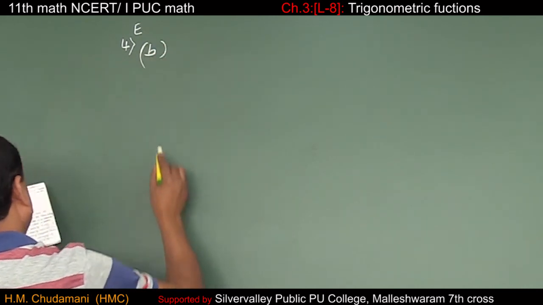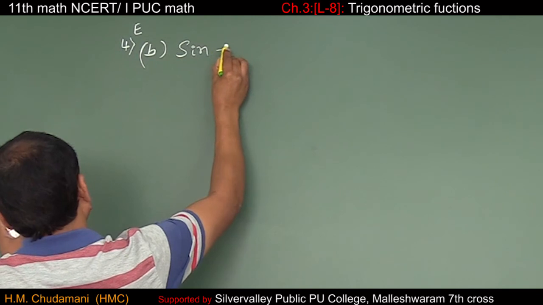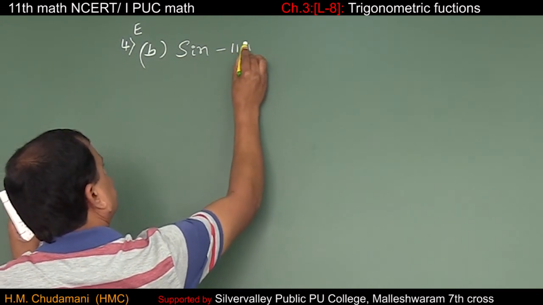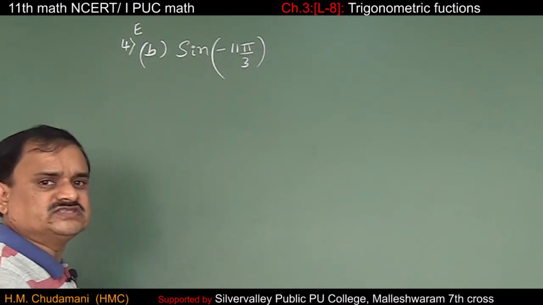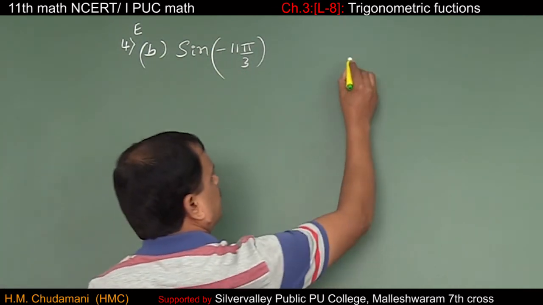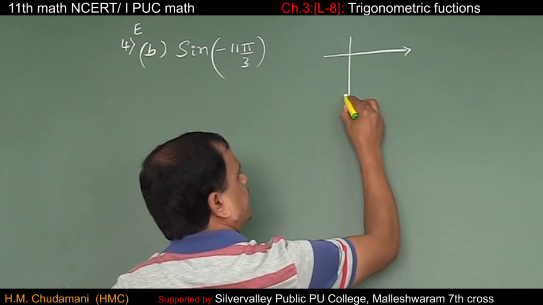Question number 4b. Sin of minus 11 pi by 3. This is of the form sin of minus theta. Minus theta means it lies in the fourth quadrant.